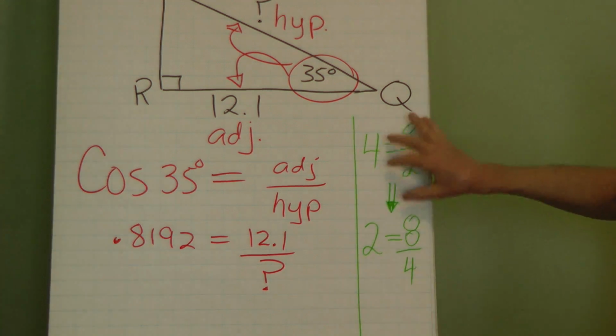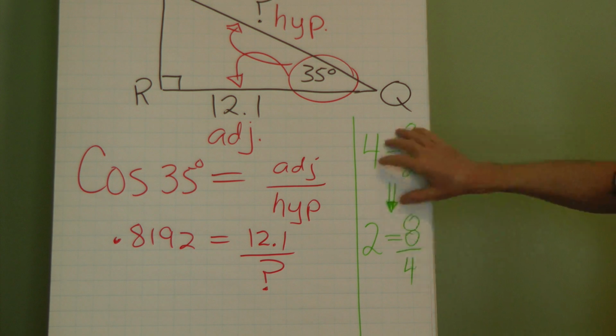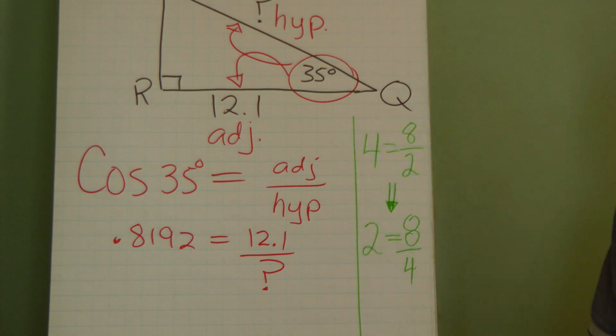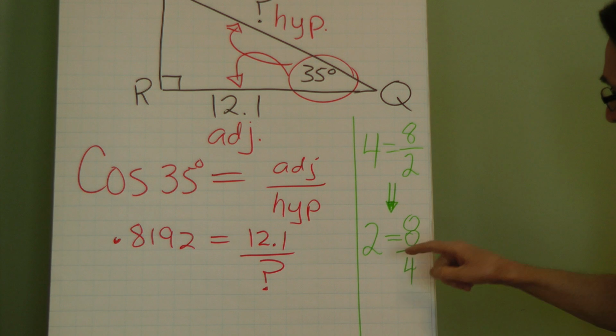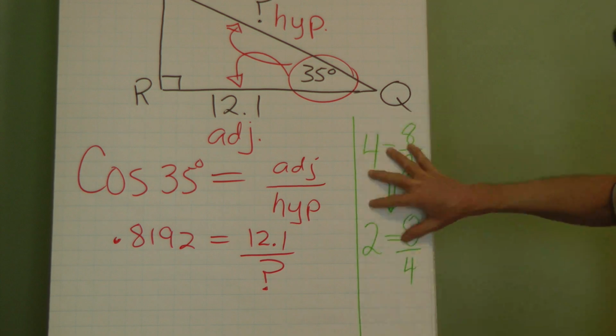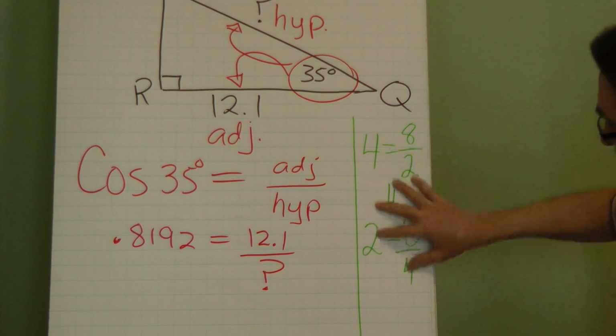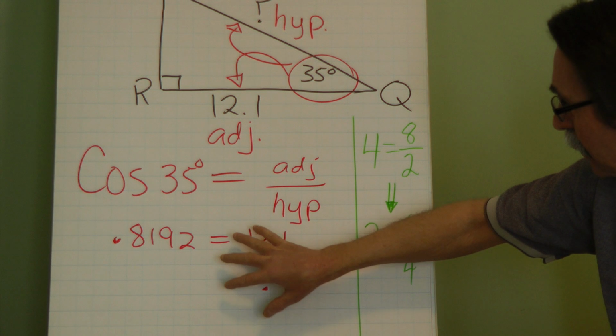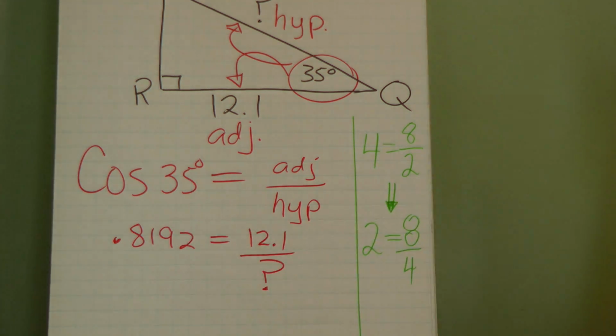But for now, I'm going to use this as sufficient proof that I can interchange these two. So based on what I did in green, I'm going to use the same principle over here with my equation.